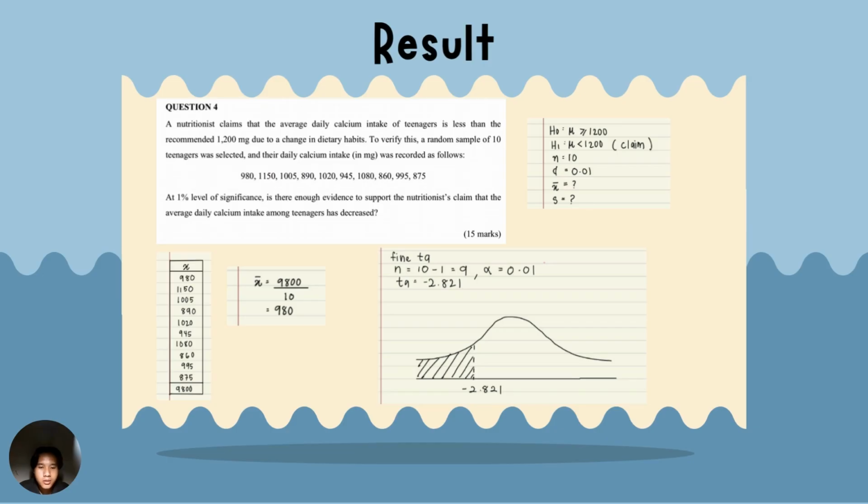Okay, Assalamualaikum. My name is Muhammad Nur Raiman. I will continue to discuss the result for question 4. The question is: a nutritionist claimed that the average daily calcium intake of teenagers is less than the recommended 1,200 mg due to a change in dietary habits.